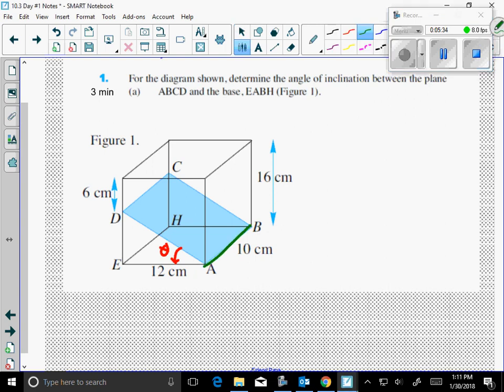That's 10. That's 10. That's 12. That's 12. Oh, I should make that solid. This length is 10.